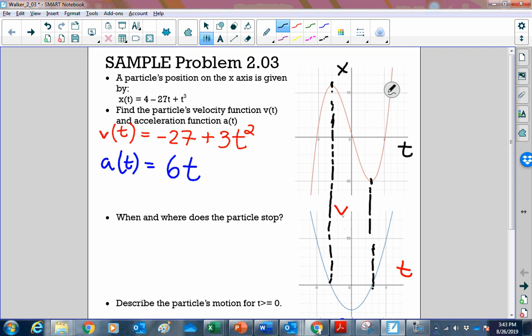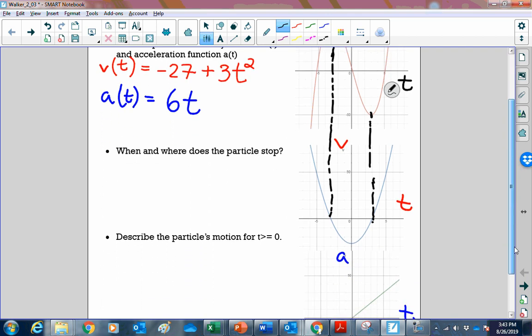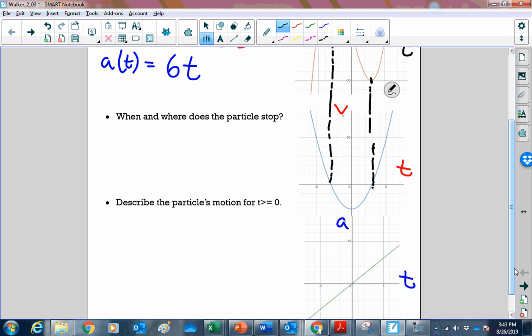Or if you're asked for when does the velocity graph have a maximum or a minimum? Well, here's the minimum of the velocity function. That's when the acceleration graph is equal to 0, right? So you're going to need that when you solve for homework. But this particular problem isn't asking for that.